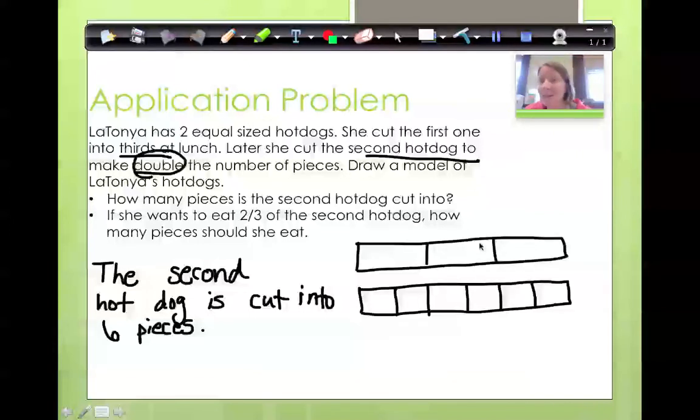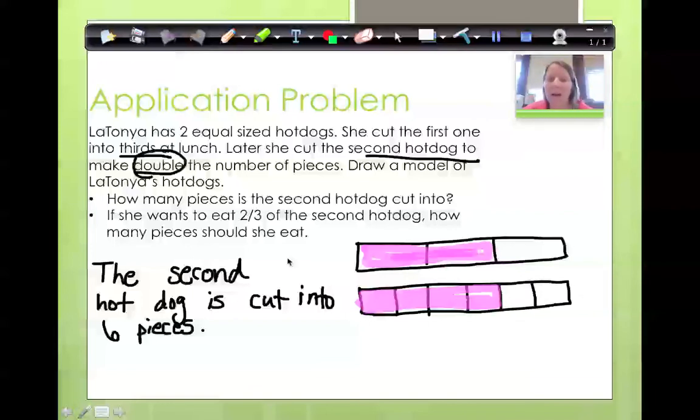Well, I'm going to use this one to help me, because I know that this is cut into thirds. So this over here would be 2/3. So do I have a line that's the same? I do. So that tells me if I'm going to eat this much here, how many pieces did we eat? See how we could use this like we used our fraction strips.